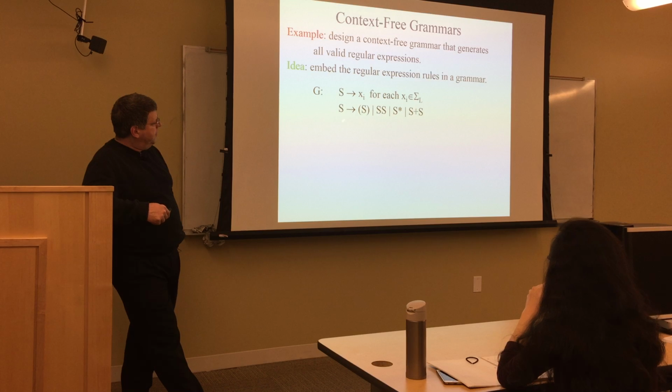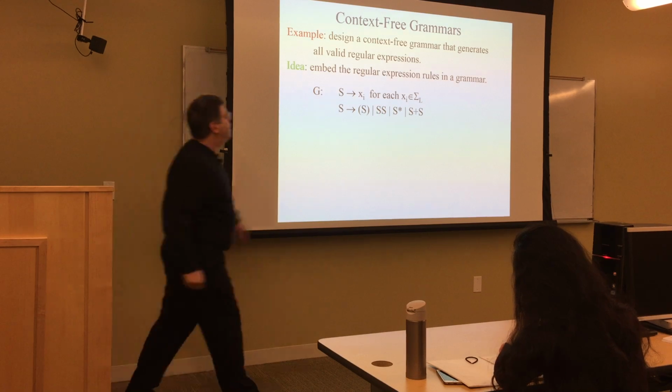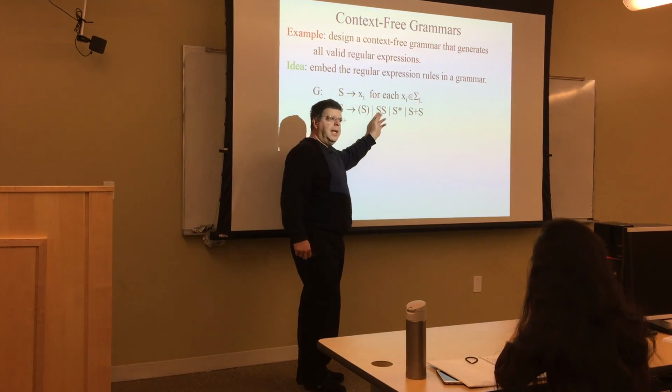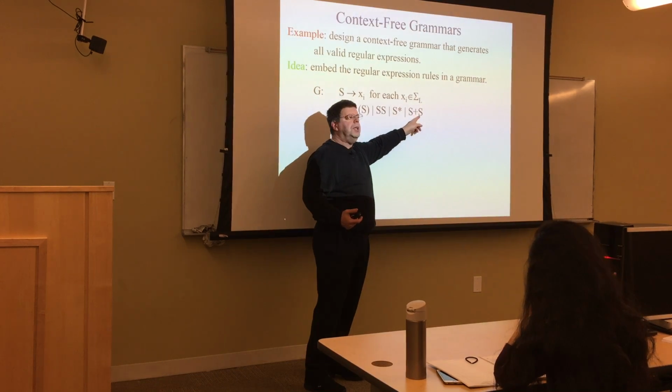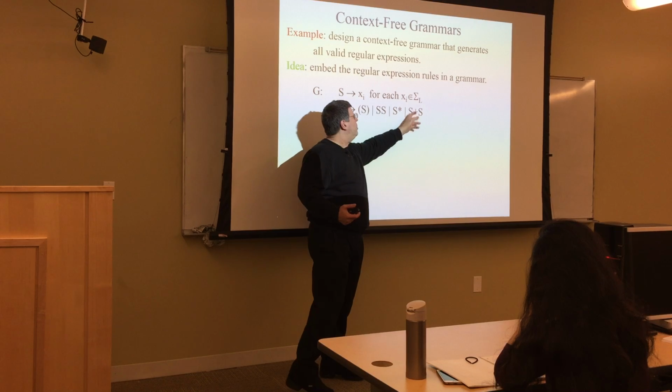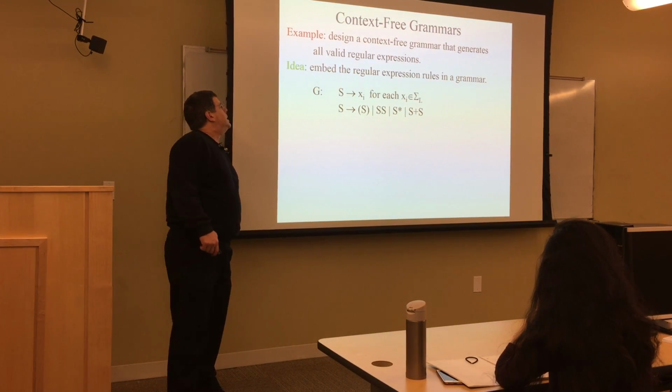And then you'll have a generation rule in the grammar of the form parentheses S parentheses, juxtaposition of S's right here. That's the concatenation in regular expressions. Right here's a Kleene closure with S and a star, and here's the union operator plus between 2 regular expressions, S on either side of the plus.